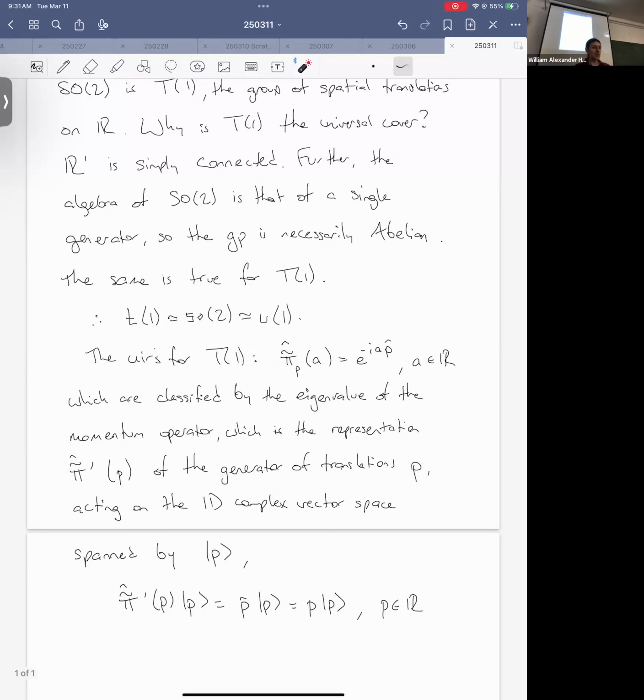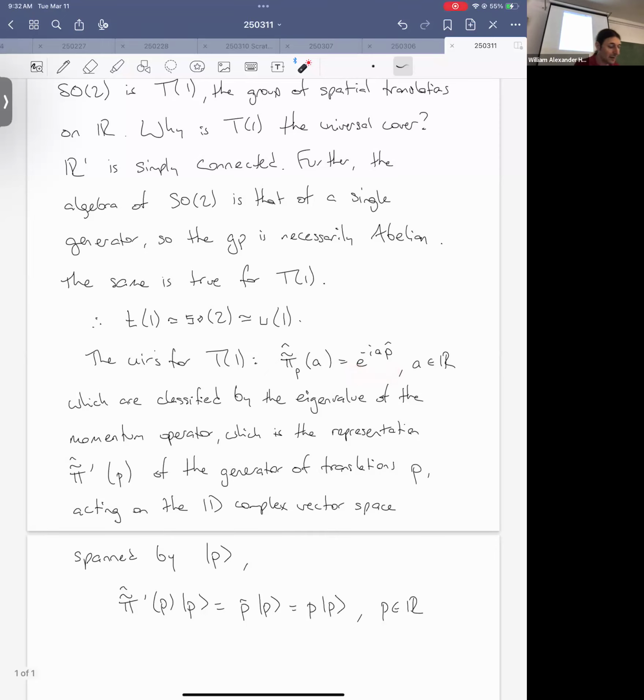What I'm hoping will happen for you is that this is going to help map between this area of understanding that you have had already from undergraduate quantum mechanics and then earlier in the semester, in terms of the generator of translations being an operator, and the unitary operator that effects translations, which we said was e to the minus I a p hat, into this language that we have developed in terms of group representation theory. That's my goal here.